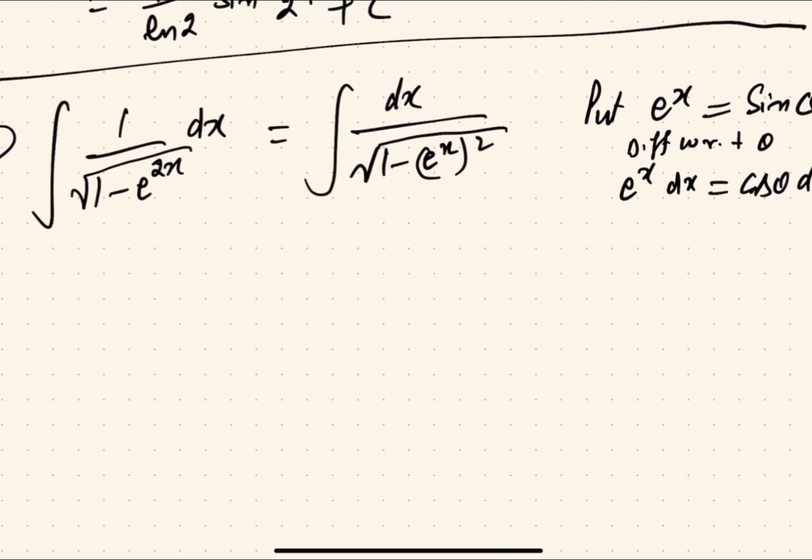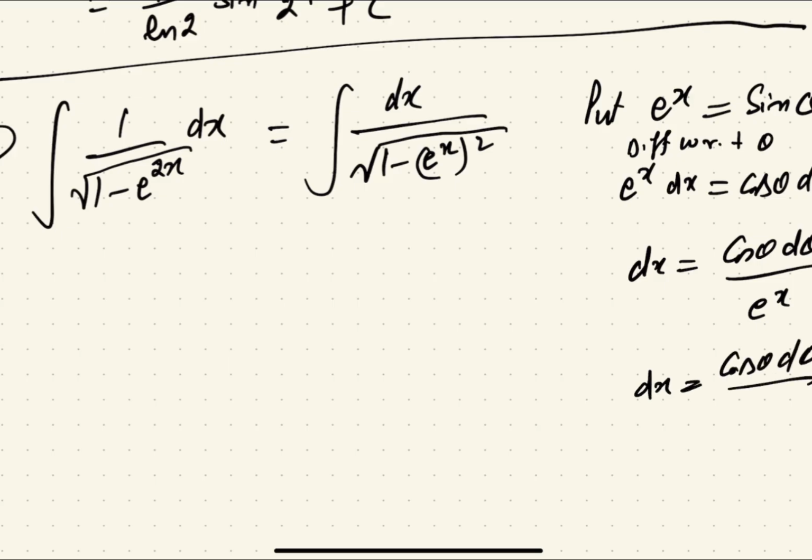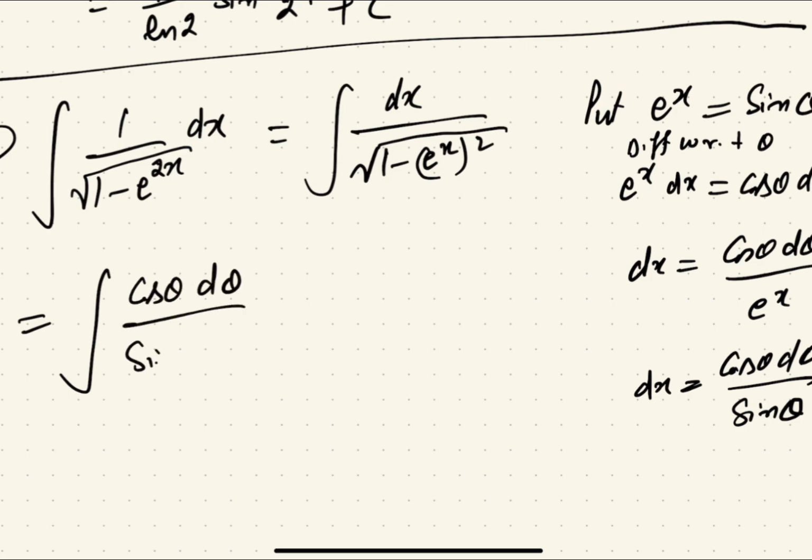That's the quickest way. And dx will be cosine theta d theta over e power x. I want to replace this. dx will be cosine theta d theta over sine theta, and this equals the integral of cosine theta d theta over sine theta times the square root of 1 minus sine square theta.